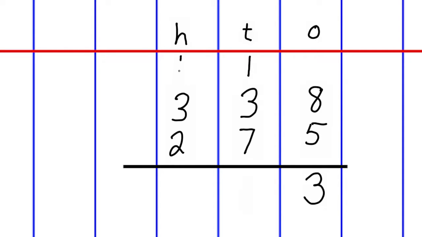Let's put the 100 in the hundreds column and the 10 in the tens column. Now the hundreds column can be added. We have 100 plus 300 plus 200 equals 600. So place the 6 in the hundreds column. The answer is 613.